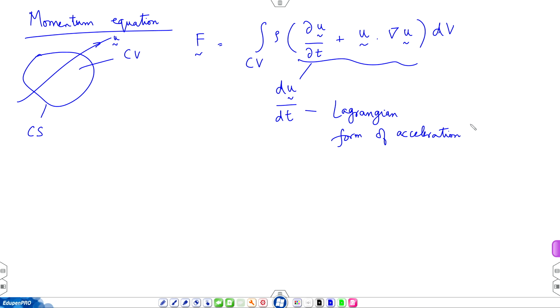And so, these two are equal. This is the material derivative. So, this is the flow path. So, the fluid is moving along this line, and if you evaluate the derivative, in the limit, this will give you du dt.